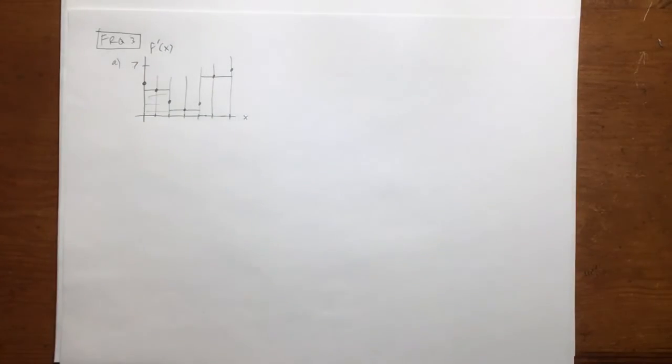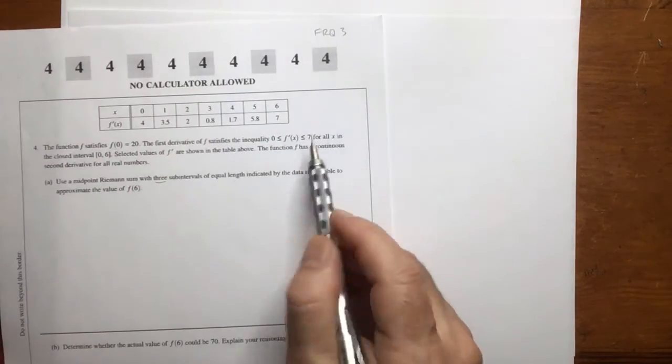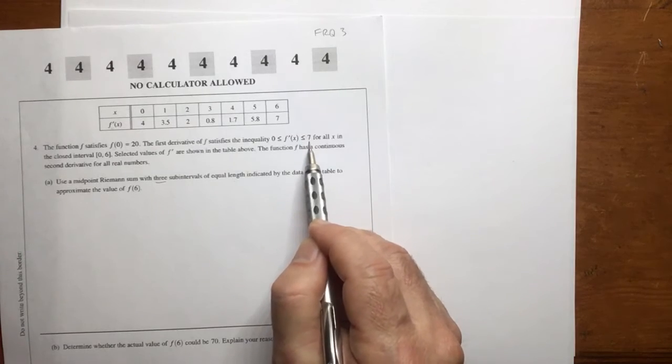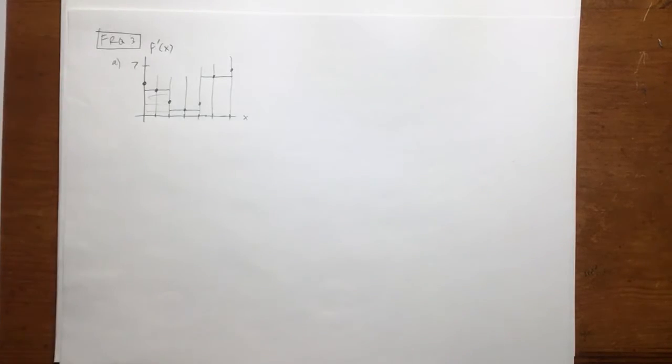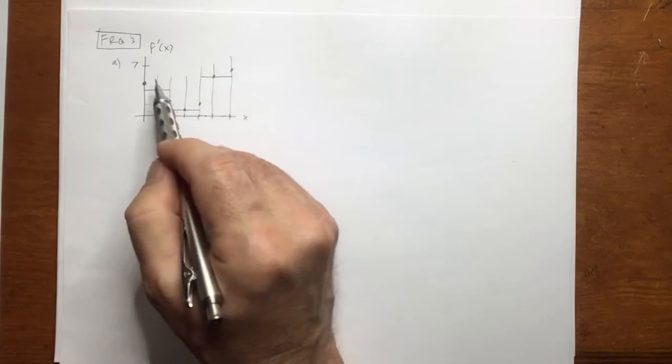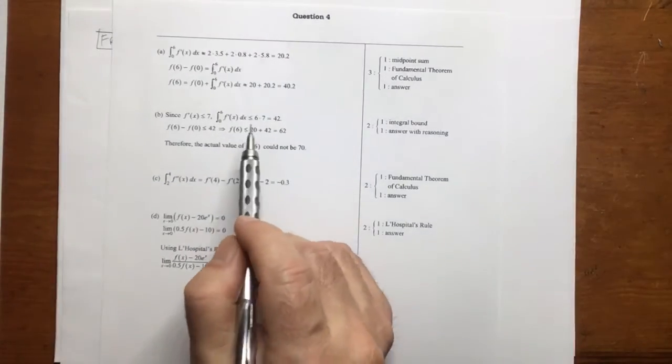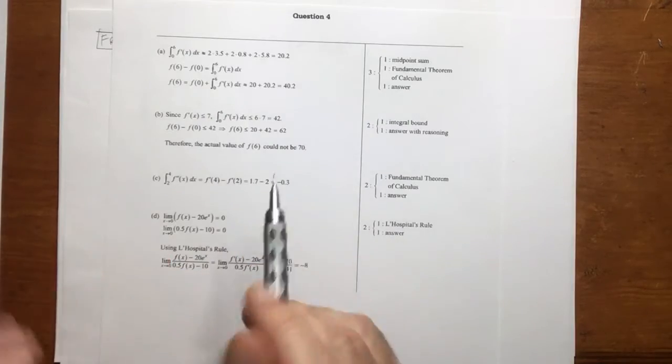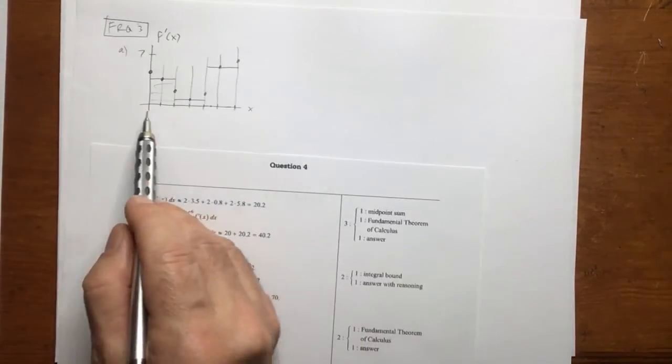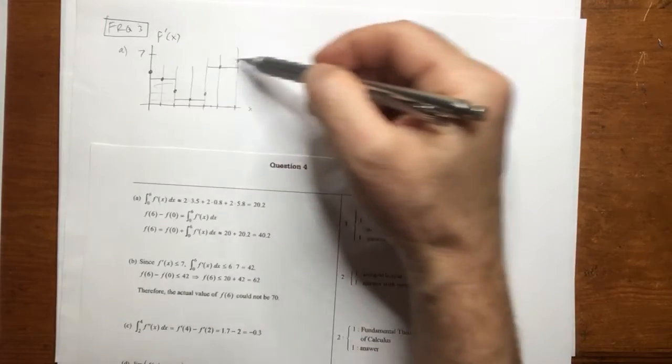But then we looked back and they told us that the highest f prime could ever be was 7. Okay, and so no matter where I plot it in here, I'm not plotting points higher than 7. And so the maximum rectangle you could make would have a base of 6 and a height of 7.